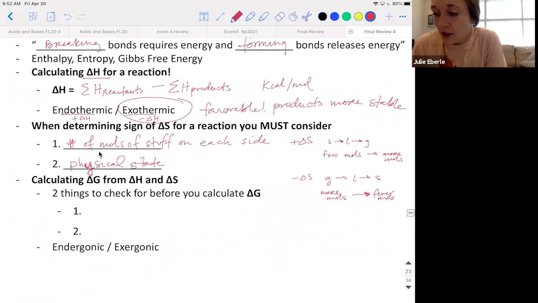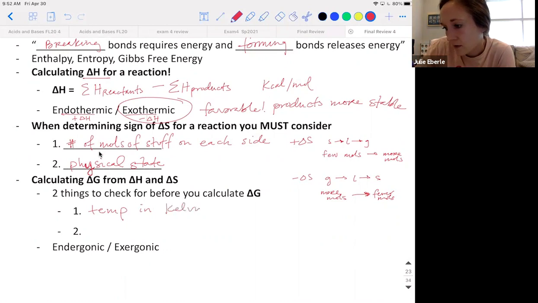Okay, calculating delta G from delta H and delta S. 2 things to check before you just plug stuff in. Number 1, your temperature has to be in Kelvin. And then number 2, units for delta S, convert them to kcal per mole Kelvin.